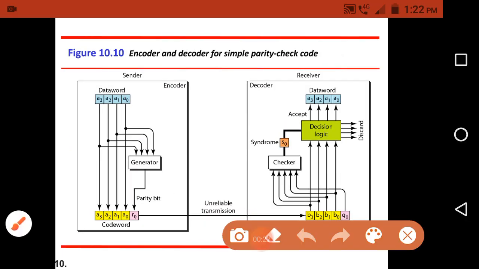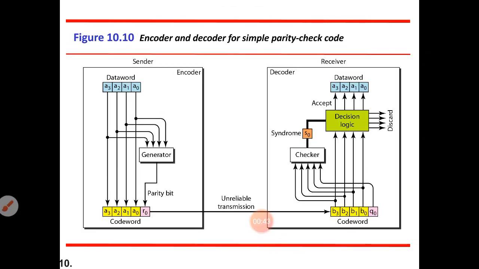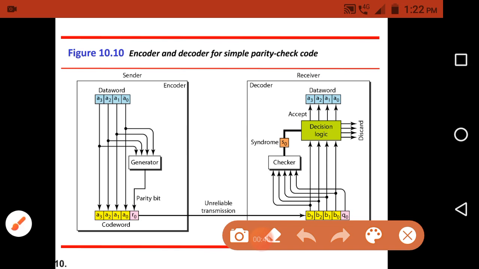At the checker, it takes all the 5 bits including the parity bit. Q naught is the parity bit. Add all 5 bits, and after that you get the remainder as S0. That S0 value, which is the remainder value, we send to the decision logic.